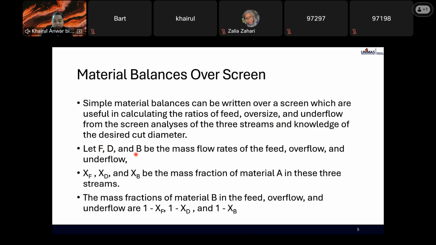So let F, D, and B be the mass flow rates of the feed, overflow, and the underflow. So xF, xD, and xB be the mass fraction of material A in these three streams. The mass fraction of material B in the feed, overflow, and underflow are 1 minus xF, 1 minus xD, and 1 minus xB.